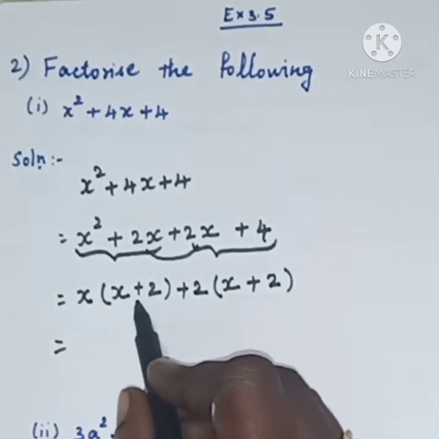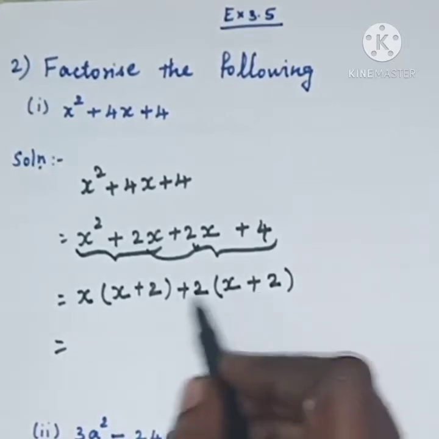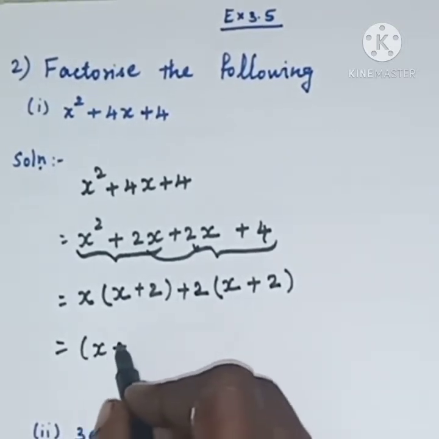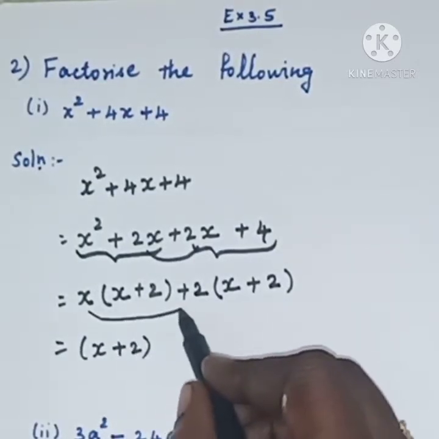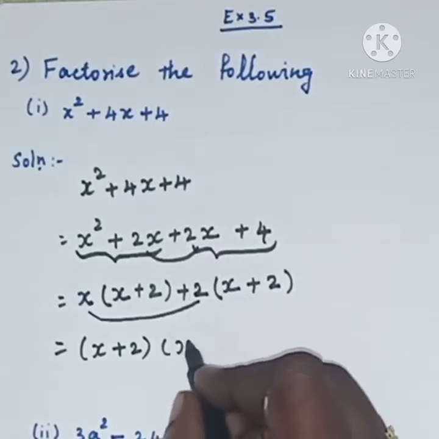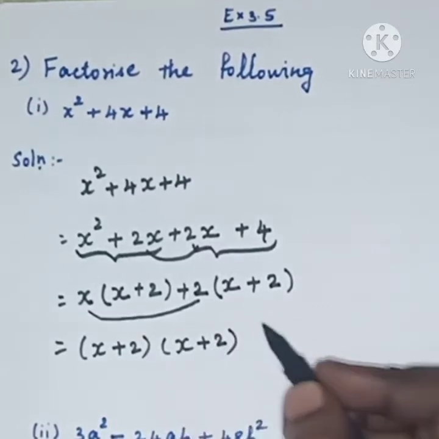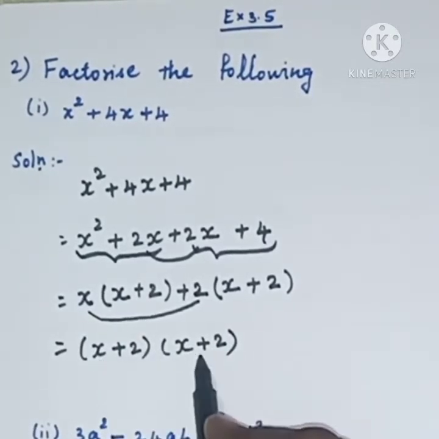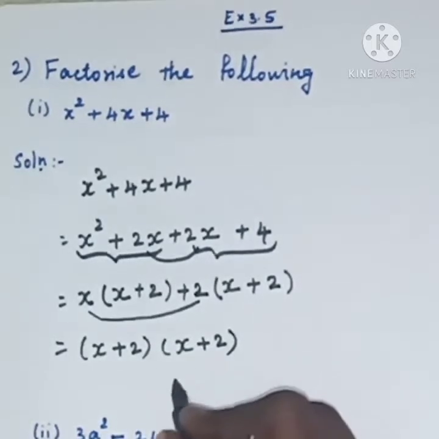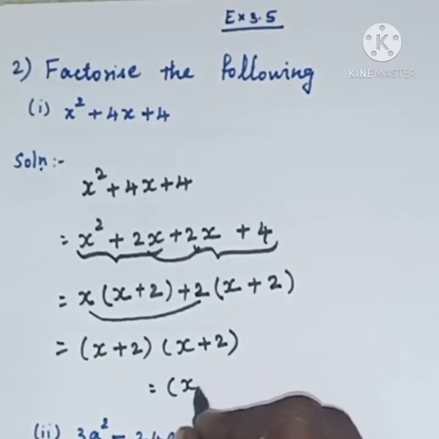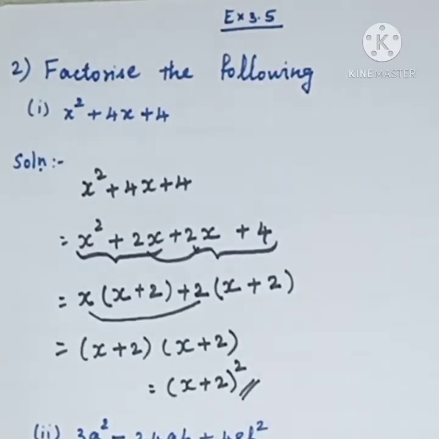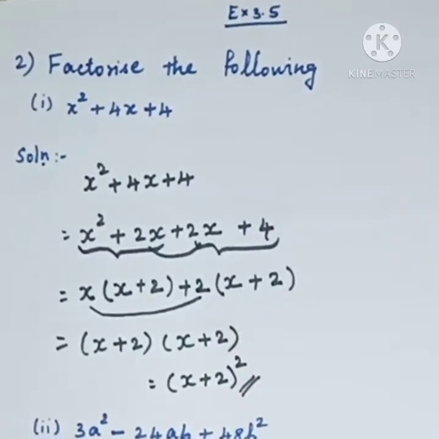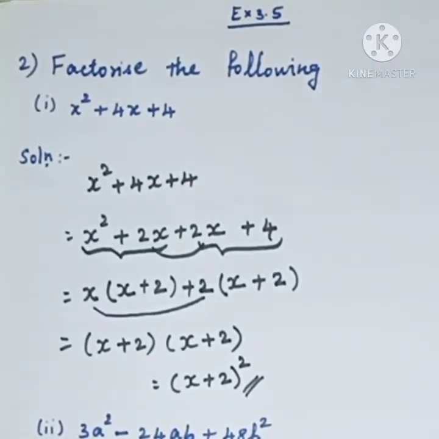Inside the bracket we have x plus 2 and x plus 2. So write 1 x plus 2 within the bracket, and outside the bracket we have x plus 2. So write that x plus 2 within the bracket. x plus 2 into x plus 2. So this can be written as x plus 2 the whole square.